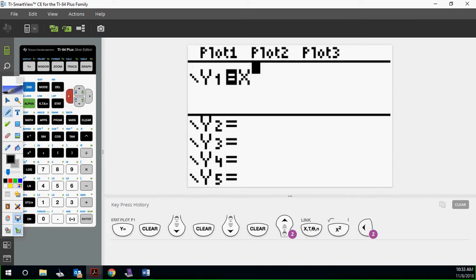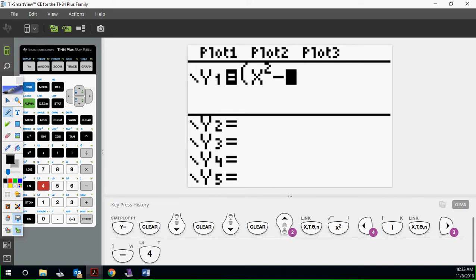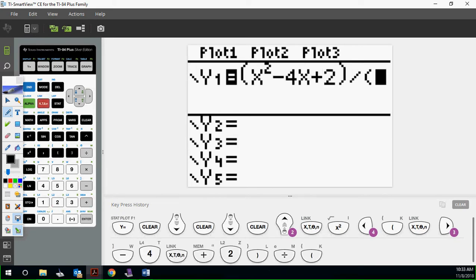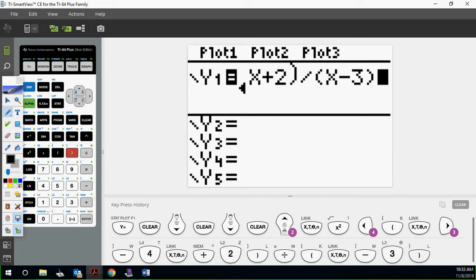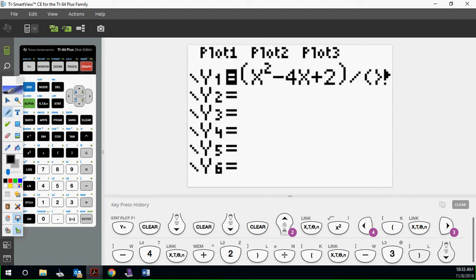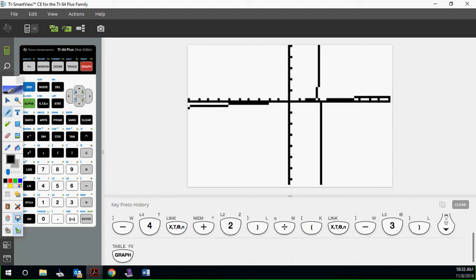It's important to put brackets around these guys when you're doing the trinomials. Okay, so x squared minus 4x plus 2 divided by x minus 3. Okay, so that's the first one. So we look at that one. We see the asymptote's right here at 3.